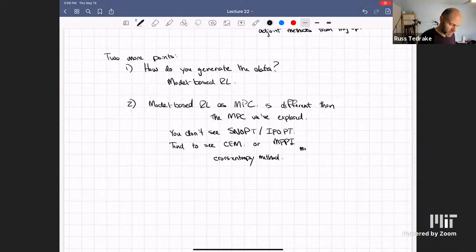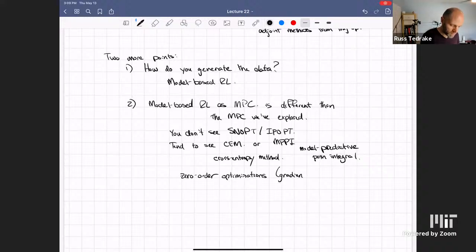It's the model predictive path integral. The details of those algorithms I can leave as a link for you, but the key point is that these are zero-order, gradient-free optimizations, whereas SNOPT is first order.